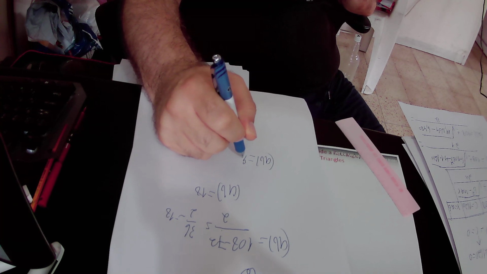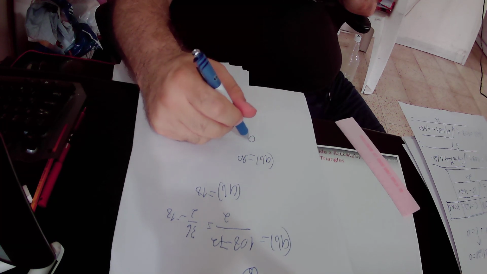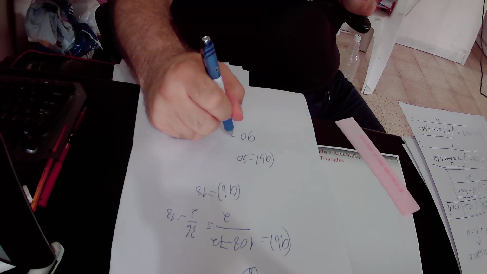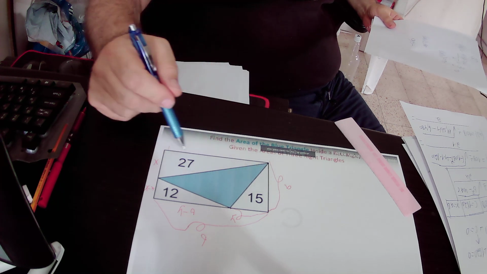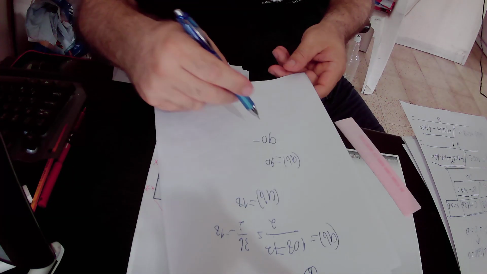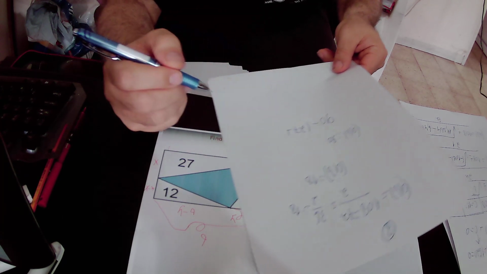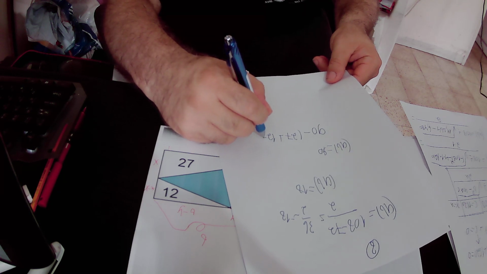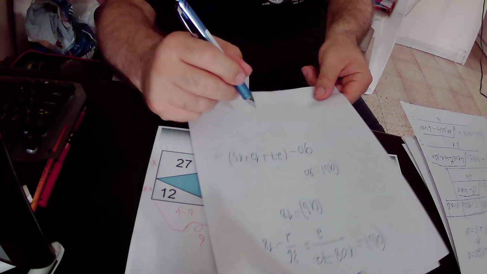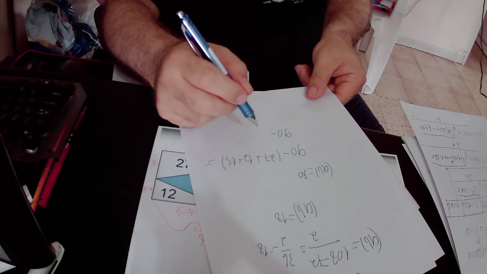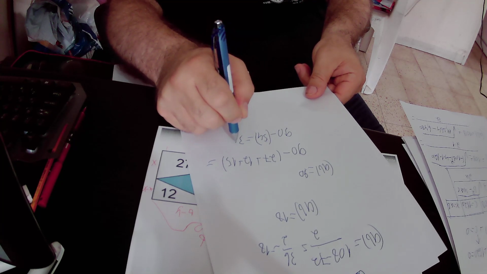The first solution for the quadratic equation gives the area of the rectangle as 90 units. Minus the sum of the areas of these 3 right triangles, that is 27 units plus 12 units plus 15 units, equals 90 minus 54 equals 36.